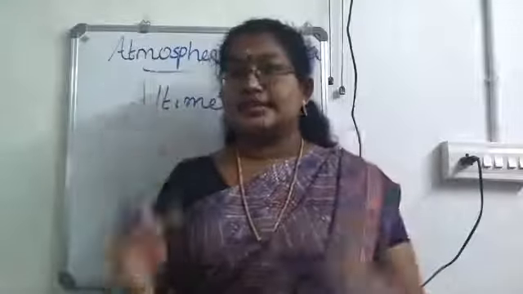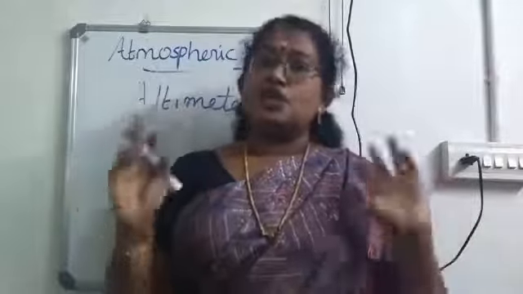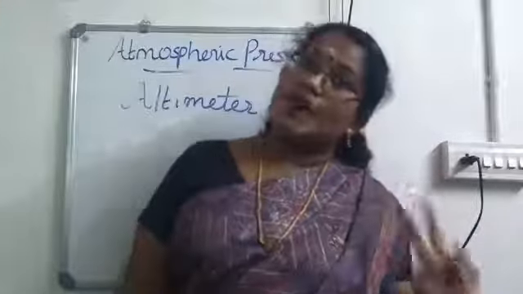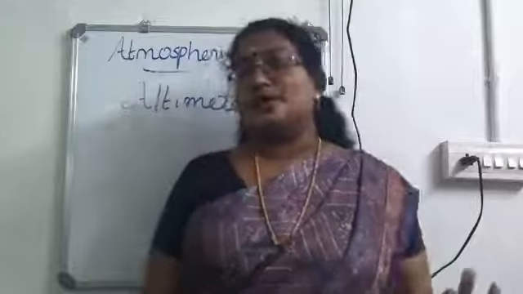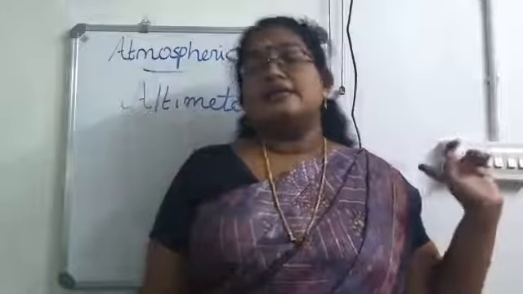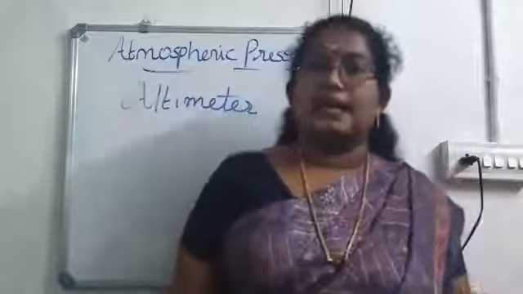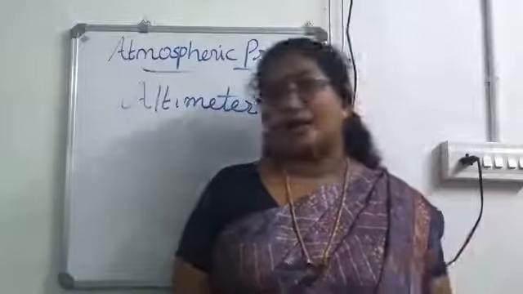Then we considered the graph. After that, two more uses of measuring atmospheric pressure, or barometer, you can say. First one is about weather forecasting. So using the reading shown by a barometer, you can forecast weather.